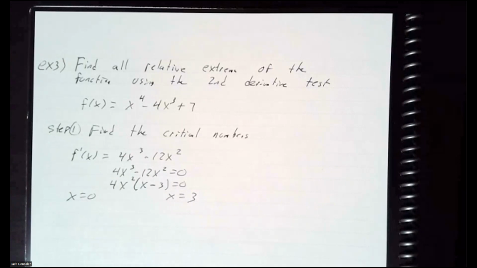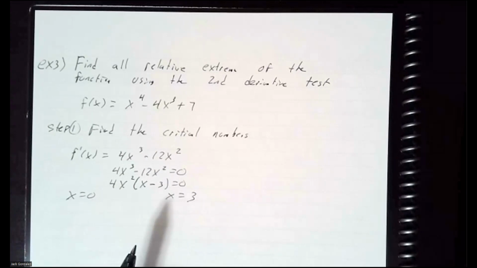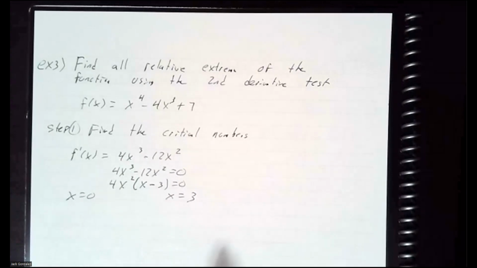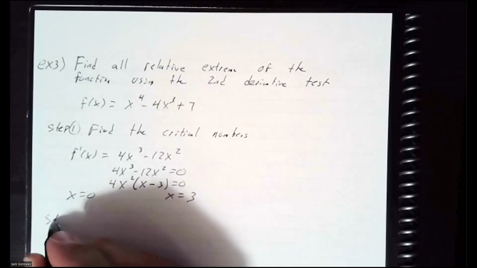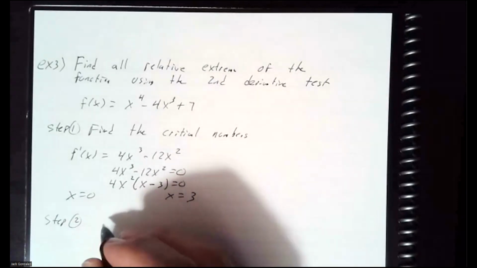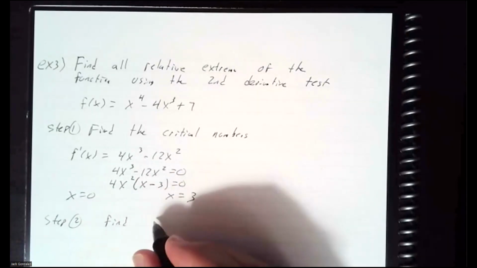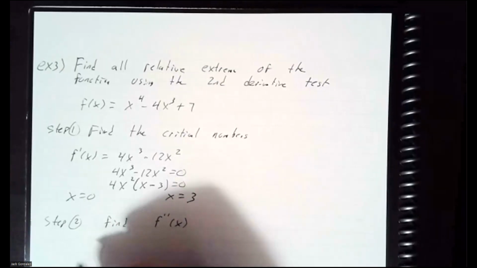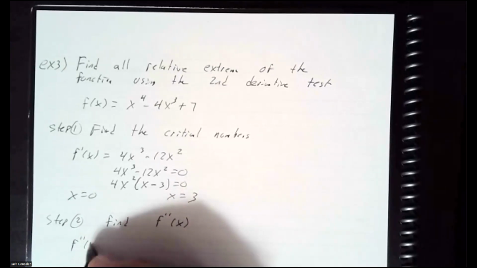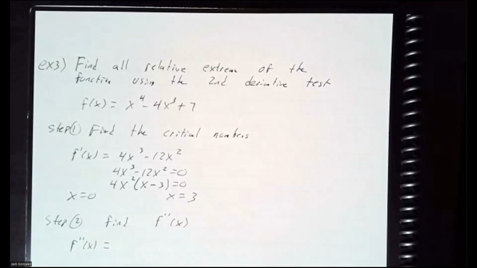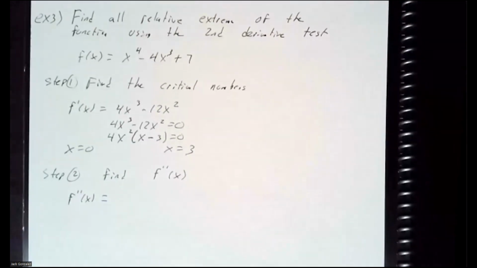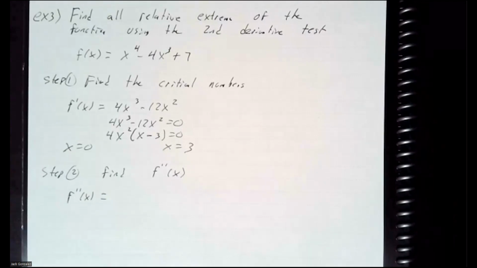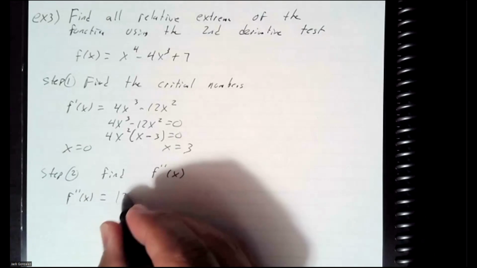Okay. So instead of doing the first derivative test, we'll just test these points directly. But let's go ahead and find the inflection point. So the second derivative will be, what's the second derivative here? 12x squared minus 24x.